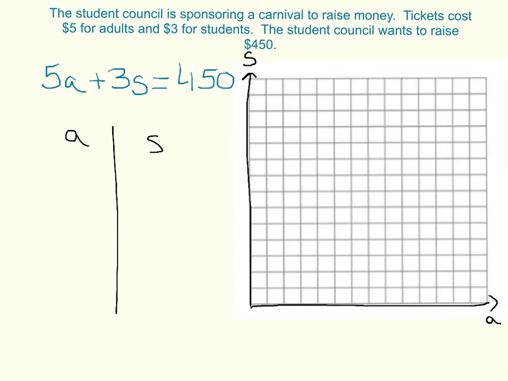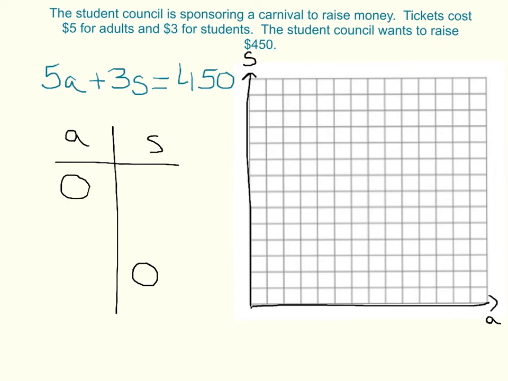We're going to graph finding our intercepts. So we want to know how many student tickets would we have to sell if we sell 0 adult tickets, and then how many adult tickets would we have to sell if we sell 0 student tickets.